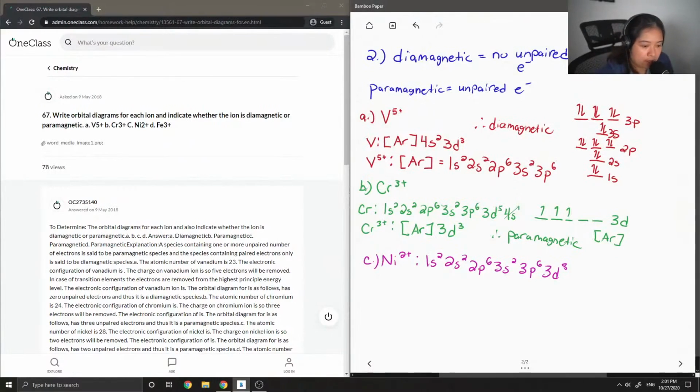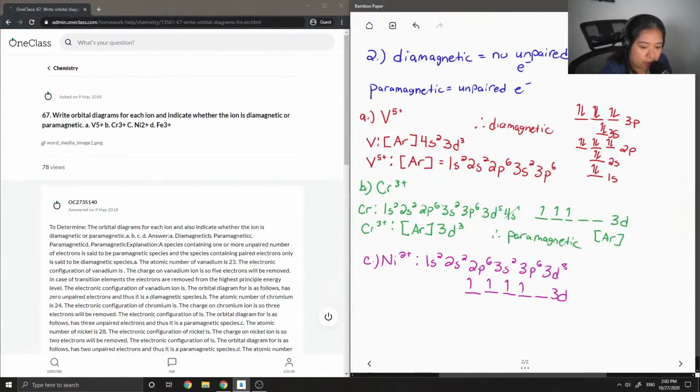So this is nickel 2+'s most stable form. And again, I'm just going to write out just that 3d to save space and time. And then I'm going to write out the 8 electrons.